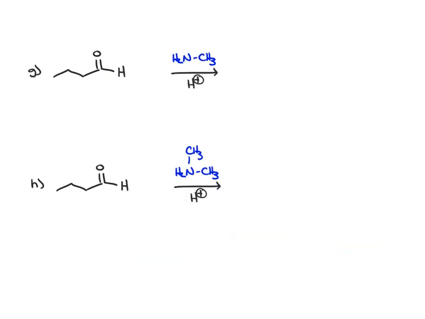Right, these next two involve reacting aldehydes with amines, and this reaction also works with ketones. So for just predicting the products, the easiest way, if we have a primary amine, is to think about those two hydrogens and the oxygen going away as water.